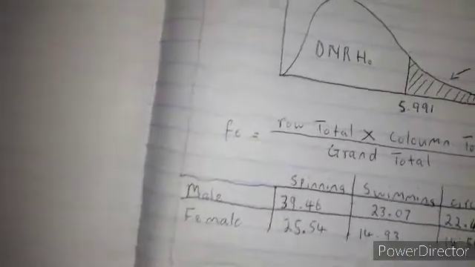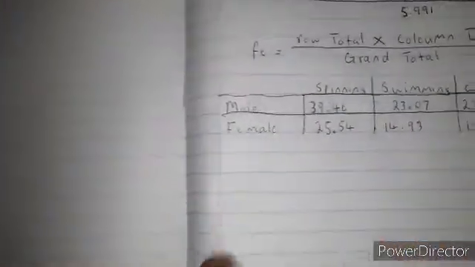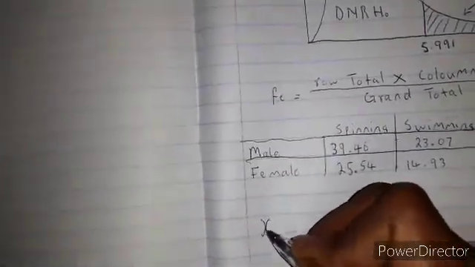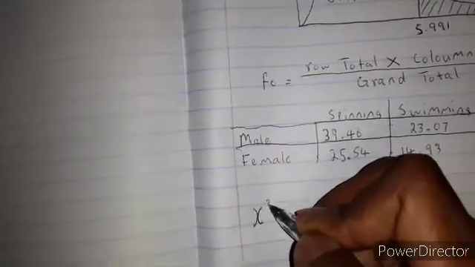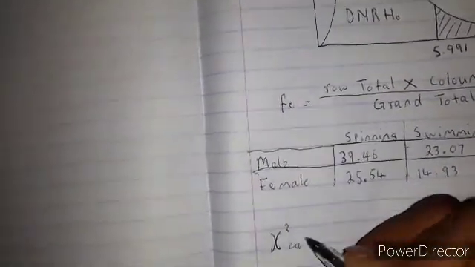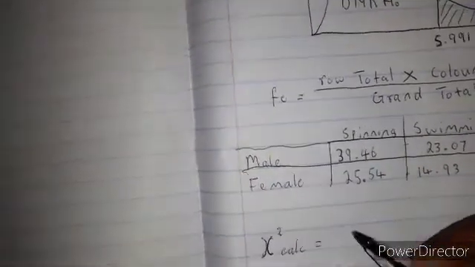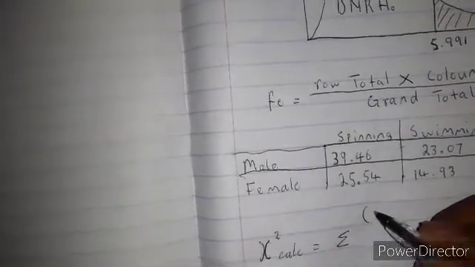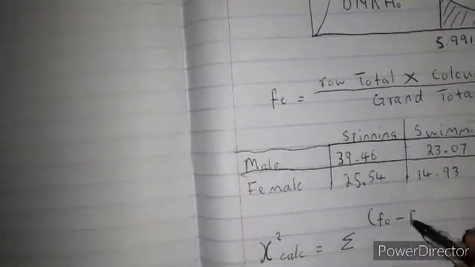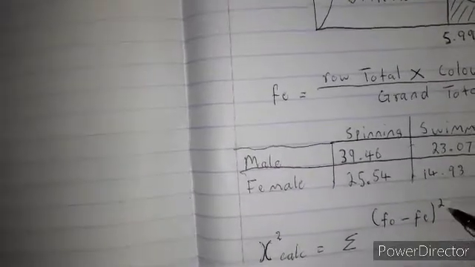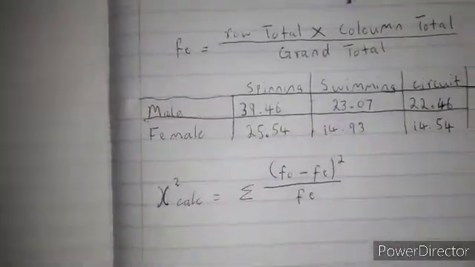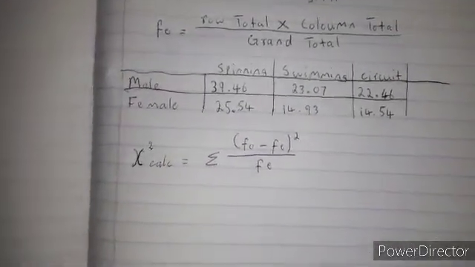Now, let us compute the chi-square calculation. X squared calc is equal to the sum of FO minus FE all squared divided by FE. So we are going to compute the chi-square.